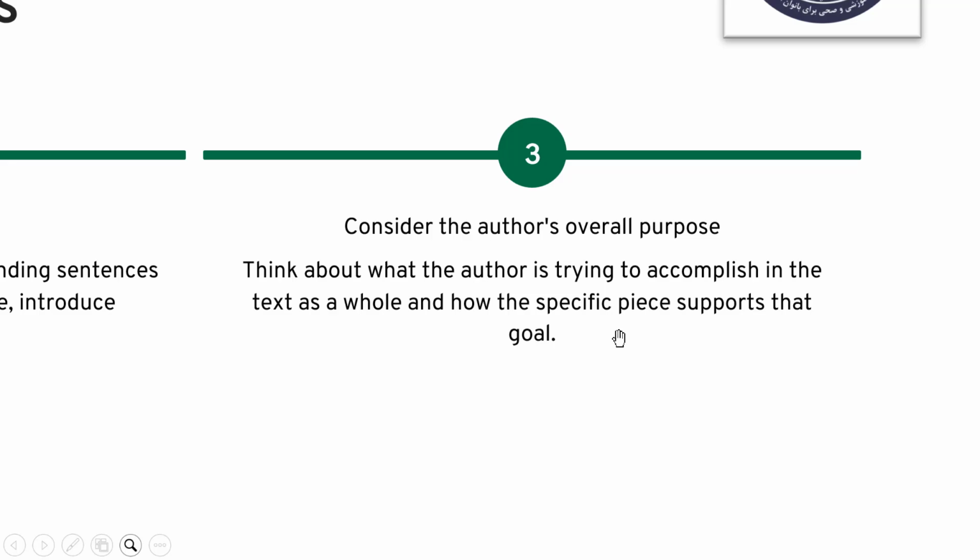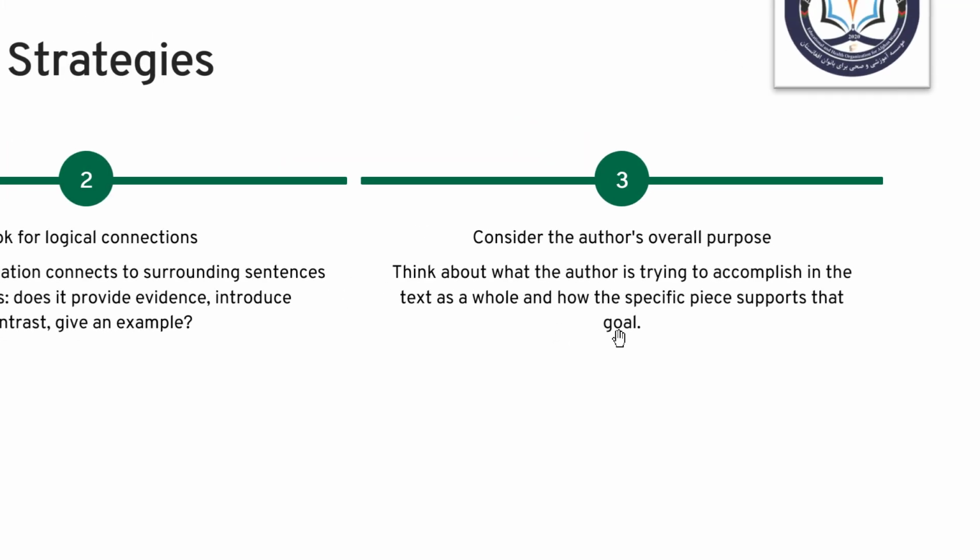How does it support? Each idea will have its own support. Now, overall, what is the writer trying to tell? What does the author want us to understand about the topic? That's the overall purpose. So think about this as well.